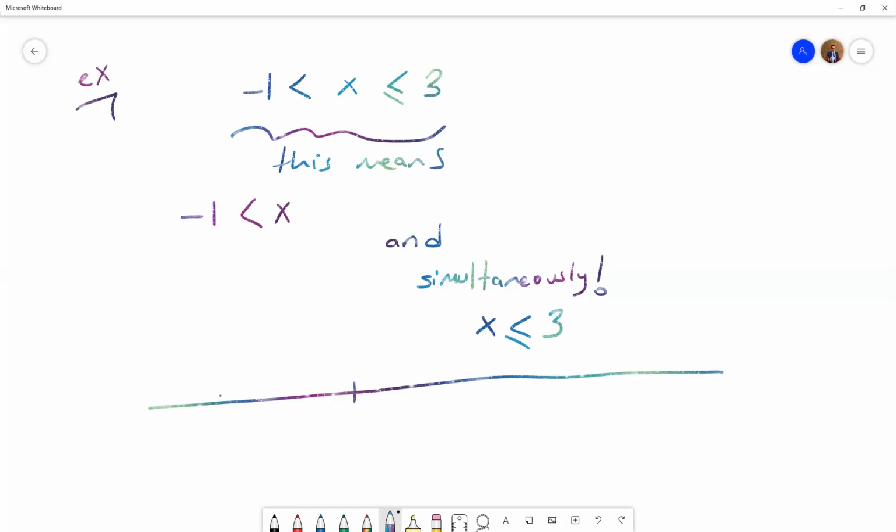Say 0 is here, and here is -1, and we have 3. Here x is smaller than or equal to 3, so here is a full one, and we have no equal here, so we give an empty one here. So we find the solution like that. Yes, this is the answer of this inequality.